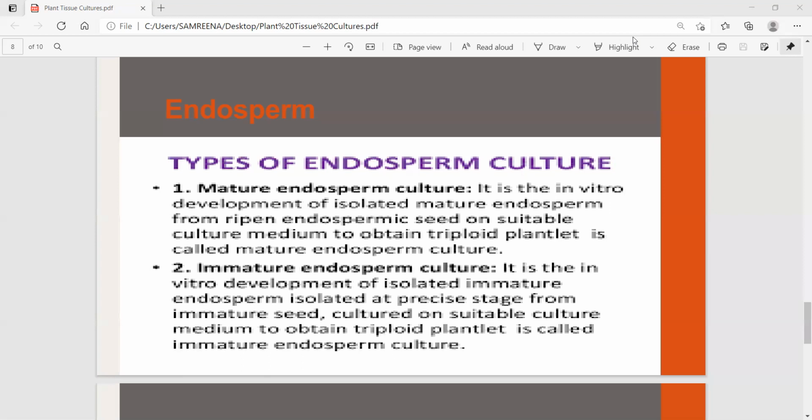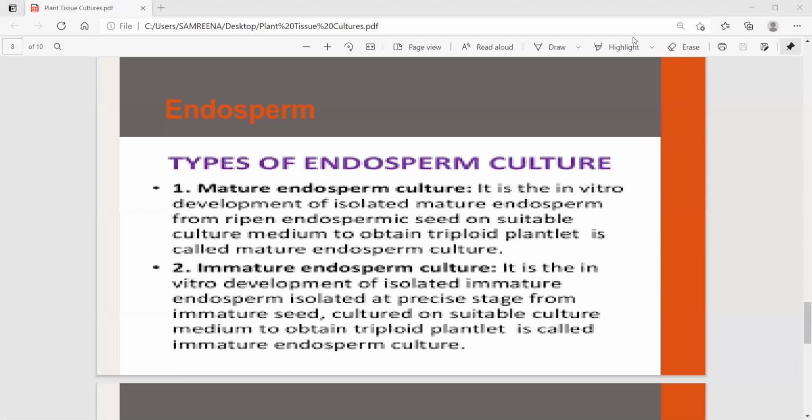We can culture this endosperm at a mature state and at an immature state. When the endosperm is cultured at a mature stage, we call this mature endosperm culture. It is the in vitro culture development of an isolated mature endosperm from a ripened endospermic seed.